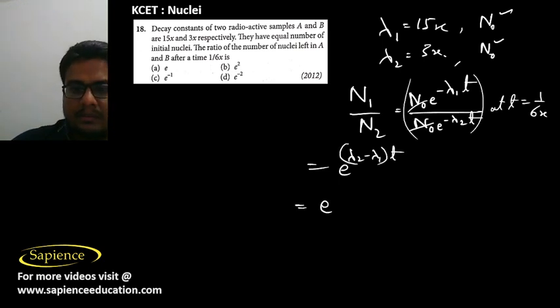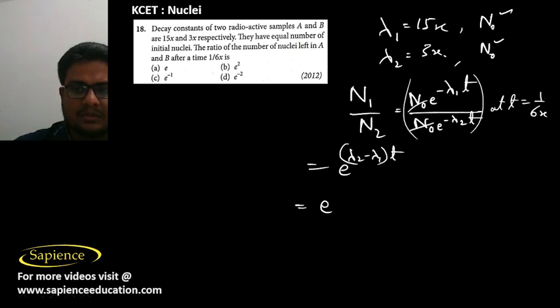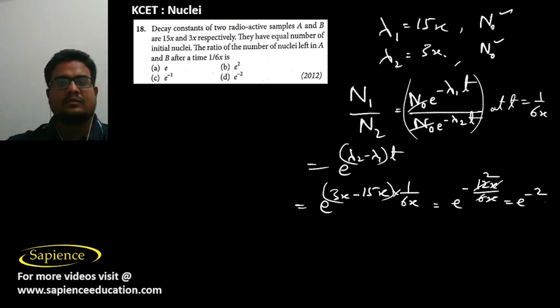So this will be e power, lambda 2 is 15x, sorry, lambda 2 is 3x minus 15x into t, that is 1 by 6x. So this is e power minus 12x by 6x, which is e power minus 2. So option B is the correct answer.